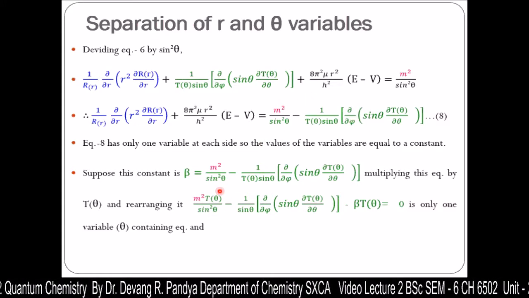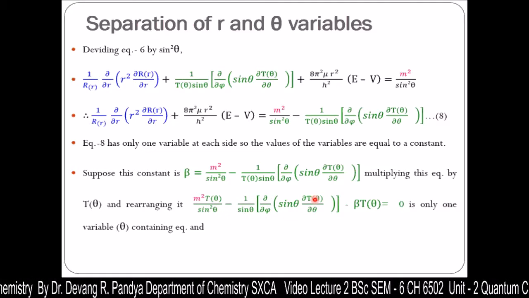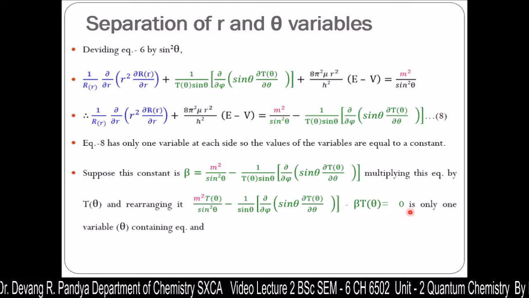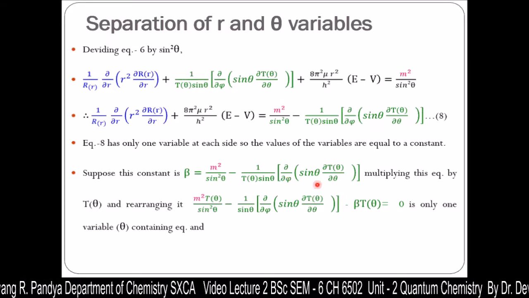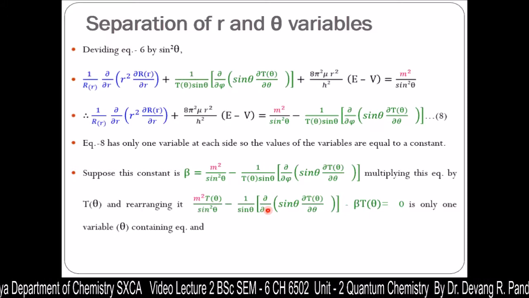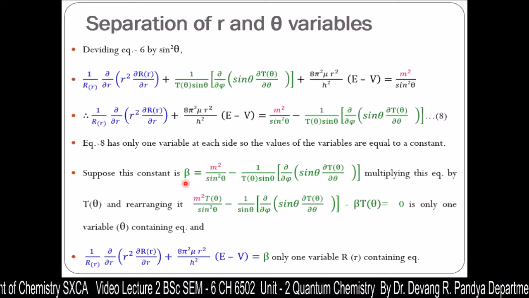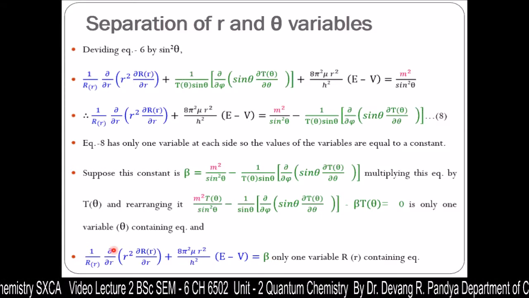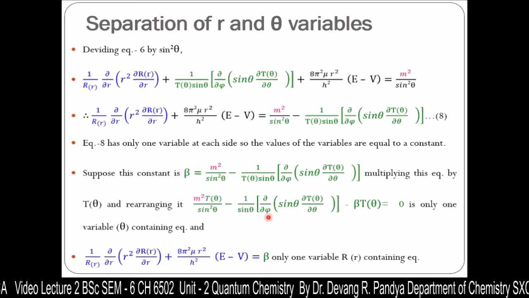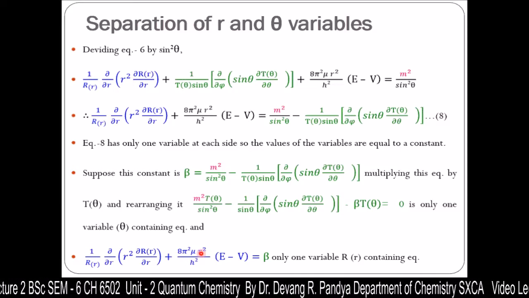When we multiply this portion by theta, we get 1 upon sin theta d by d theta sin theta d theta by d theta minus beta theta, that is beta theta, is equal to 0. That is only the theta-based equation, where this is by mistake written as phi, but it should be d theta. When you substitute the value of beta here, we get this. Then you can see this is only the r-based equation. So this is only the theta-based equation, this is only the r-based equation, and earlier we separated out the phi-based equation.